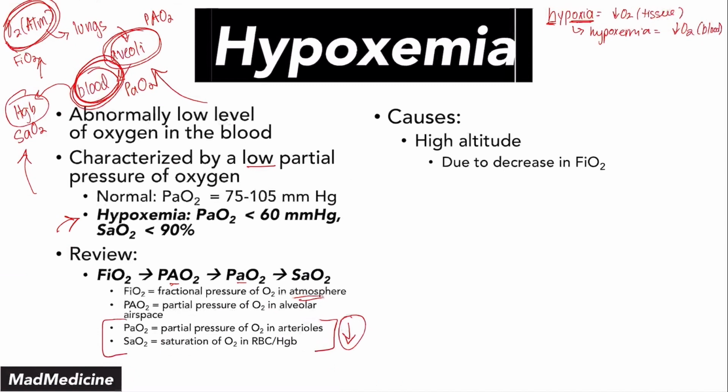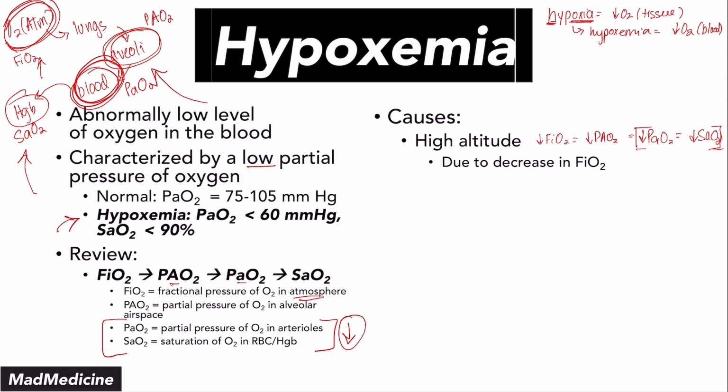If you have low FiO2, you are going to have low PAO2, because you're not going to have enough oxygen being delivered to the alveoli, which means you will have low PaO2 and you will have low SaO2, oxygen saturation. Therefore, you are going to have low amounts of PaO2 and SaO2, and you are going to be hypoxemic.